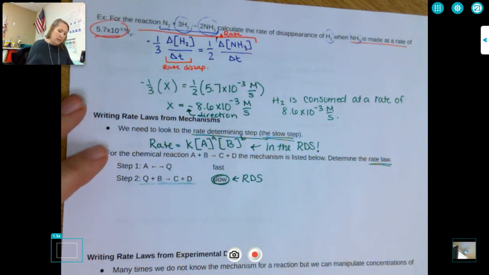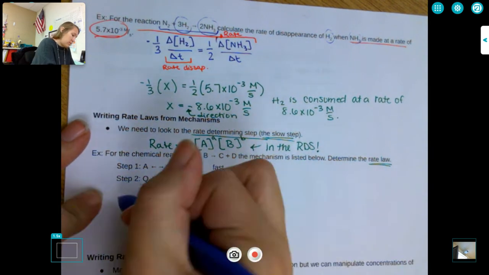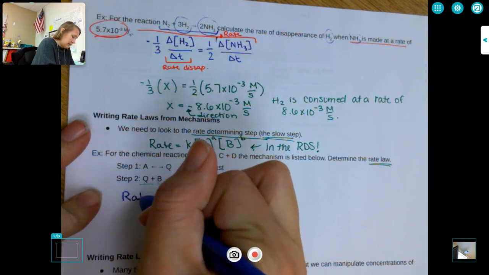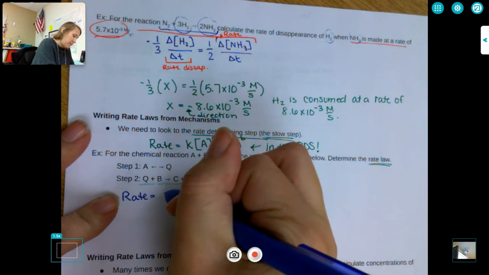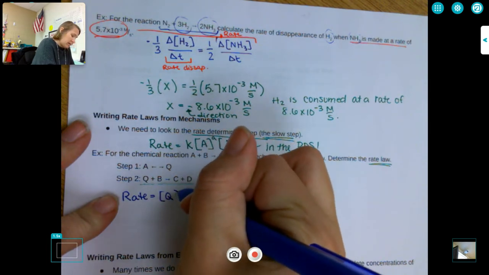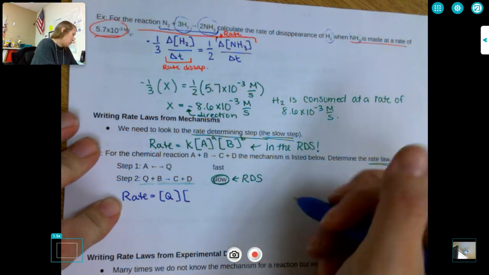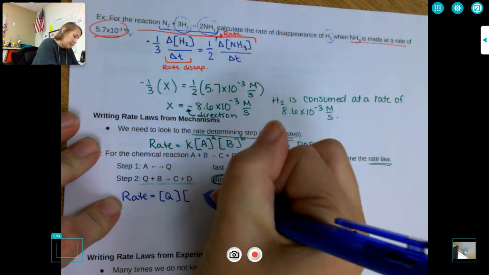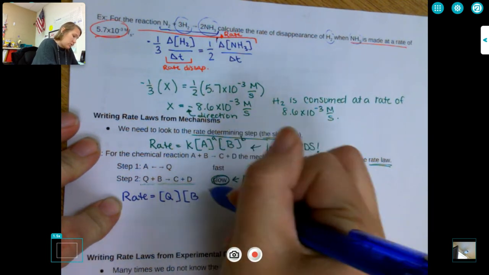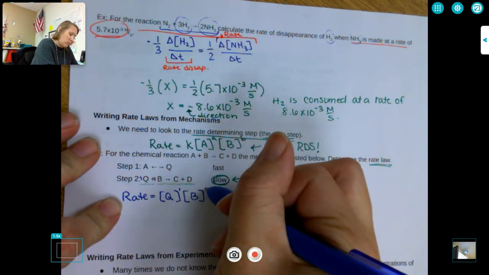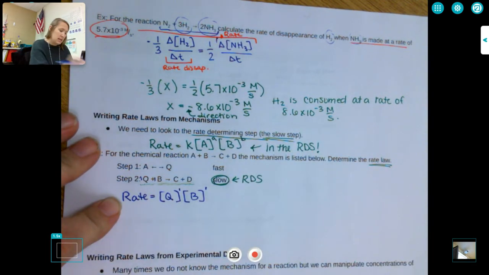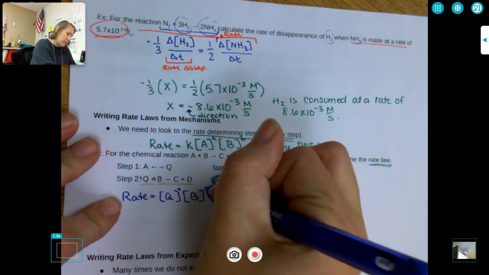I know that my formula is going to be rate equals my reactants in my rate determining step raised to their coefficients. So Q times B, and both of them have a coefficient of 1. So this is a 1 and a 1, but we don't ever write ones in chemistry, so we can pretend it's not there.